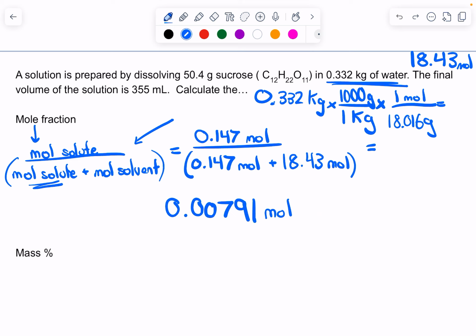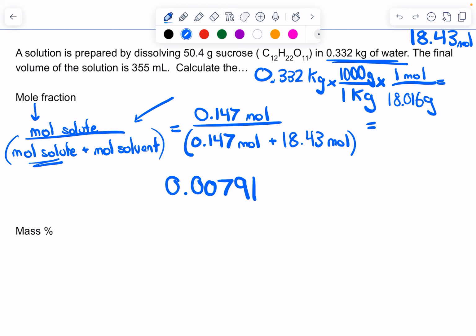Just know that it's moles over moles, so you don't usually see a unit with fractions. With percent, it'll just say percent, but it won't actually include grams over grams because those cancel each other out. So it would be like saying moles over moles, but those just cancel. So we don't have a unit associated with this. So this is the mole fraction for this sugar water solution.